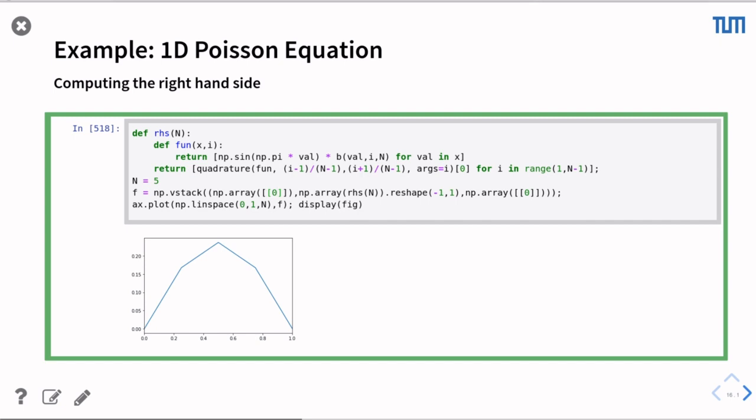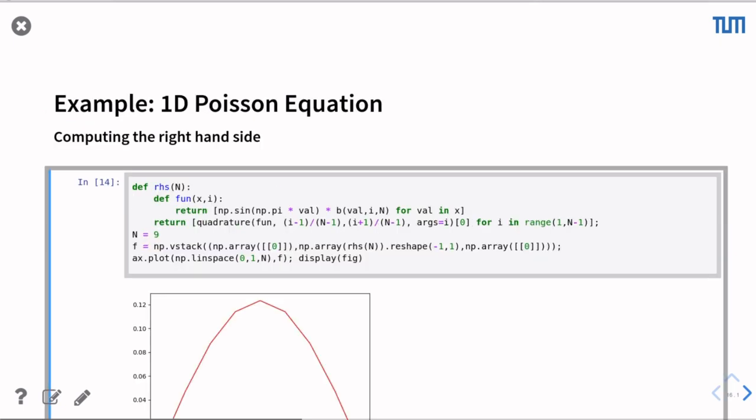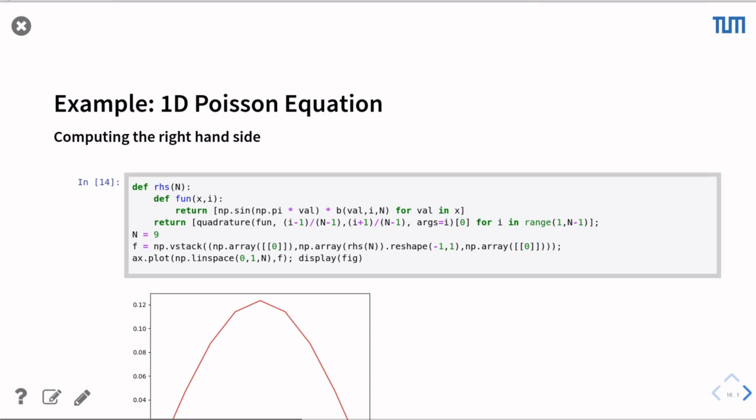Then we can plot our right-hand side, although this doesn't correspond directly to the function here. There's a weighting factor in there. We can see that it has the same general shape as the right-hand side. If we now choose n equals 9, then we get a bit closer to that.